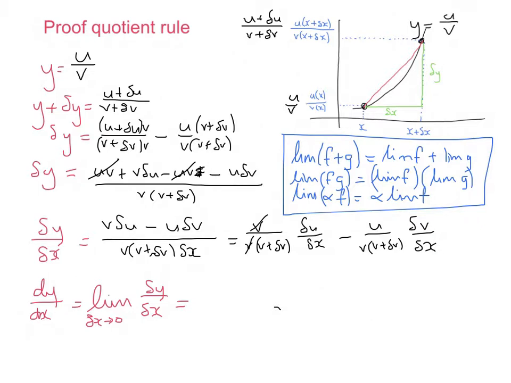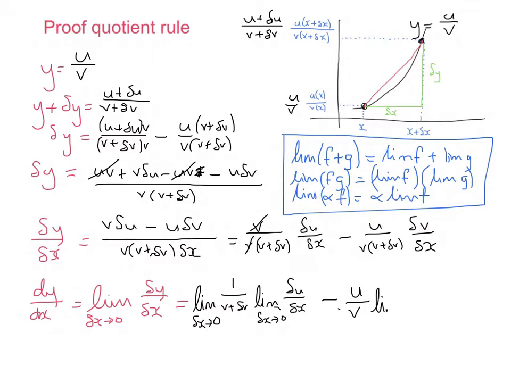Well, we've got the limit as delta x tends to 0 of 1 over v plus delta v, multiplied by the limit as delta x tends to 0 of delta u by delta x minus, well, actually I can pull this uv out using that third rule, because this u has got nothing to do with delta x, and nor has the v. The u and the v are just u of x and v of x, so all they depend on is x. So they can pull out the front and just wait.